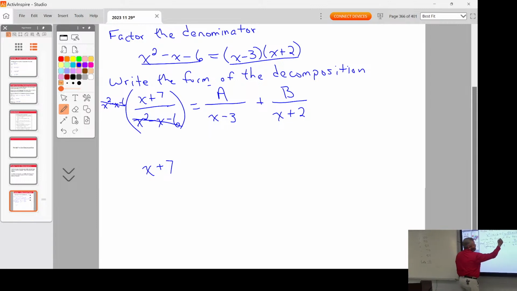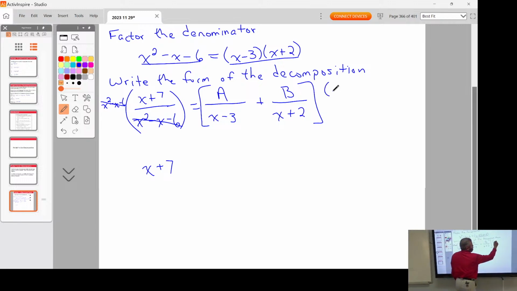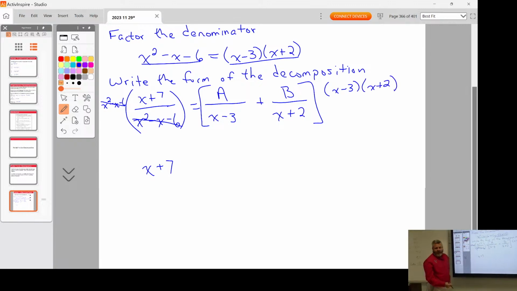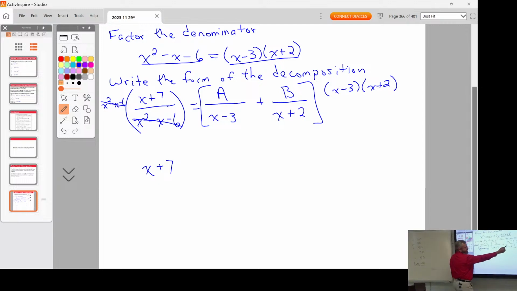If I multiply this side by the common denominator, but instead of writing x squared minus x minus 6, I'm going to write it in the factored form. I'm multiplying this side by x minus 3 times x plus 2. Both terms are multiplied by that, correct? If I multiply this first term by x minus 3 times x plus 2, what happens?